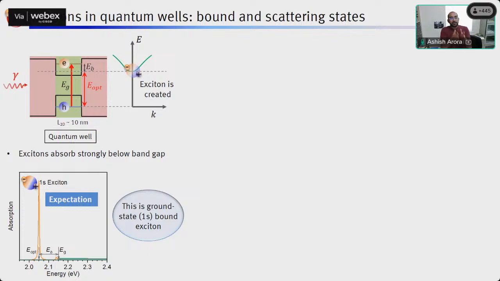Therefore, the absorption spectrum of these excitons will be very similar to the absorption spectrum of two-dimensional hydrogen atoms. And why two-dimensional? Because this is a two-dimensional quantum well. And the predictions are well known. The predictions say the following, that if I have a band gap Eg at a certain energy, then the amount of energy below which the exciton will appear is the binding energy, and this is the optical band gap, and this exciton will appear like a very strong resonance.